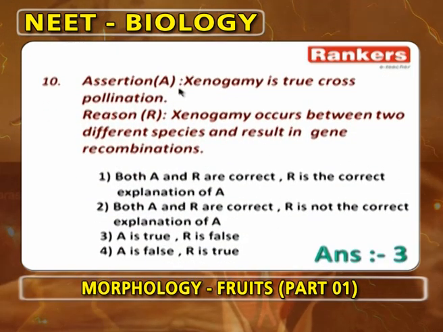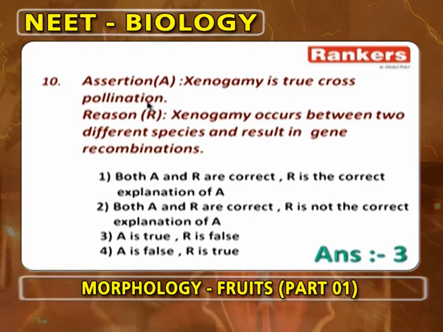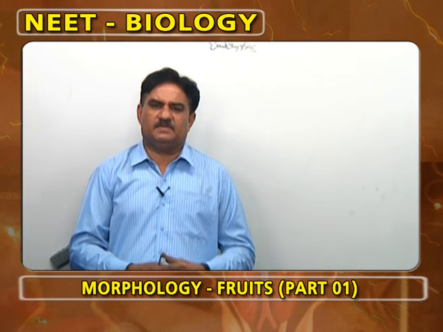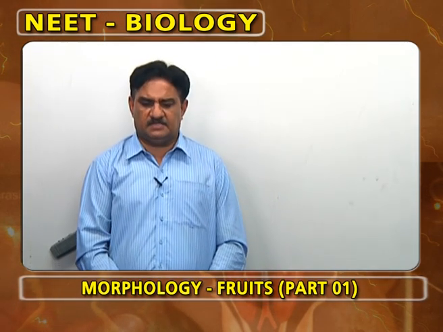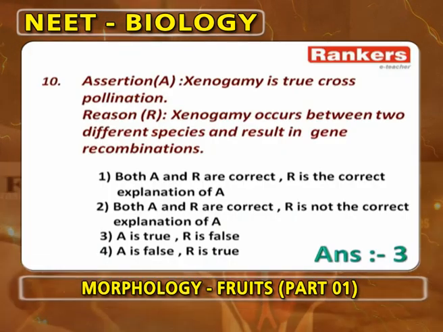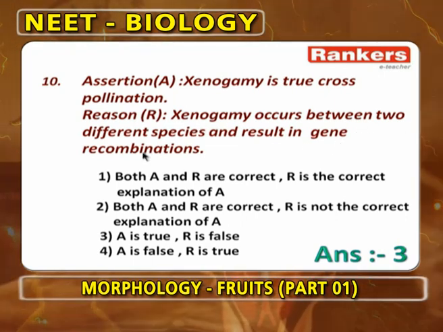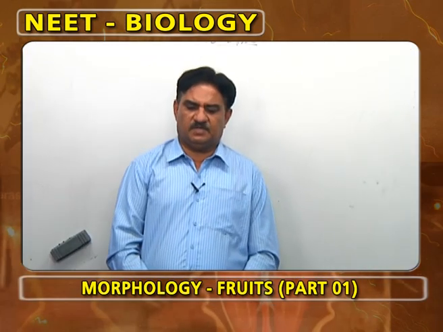Now, xenogamy is a true cross pollination. Really, xenogamy is a true cross pollination because here pollen grains transfer from the anther of one flower to the stigma of another flower present on a different plant but belonging to the same species. Reason: xenogamy occurs between two different species and results in gene combinations. Xenogamy absolutely does not occur between two different species.